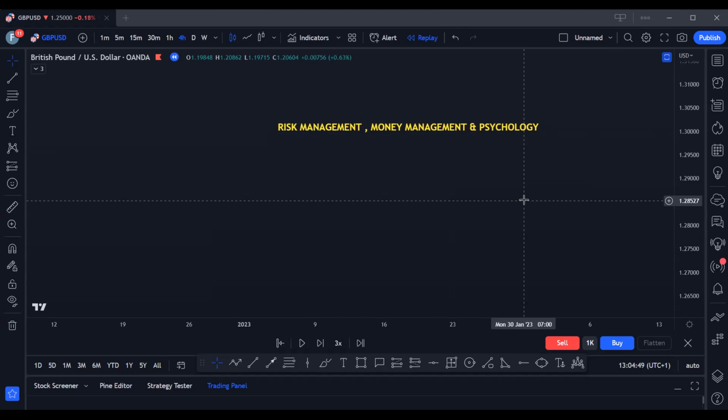Or let's even say you buy a property in Nigeria, let's say in Lekki, Lagos, and then maybe something really bad is now happening in Lekki, and it's forcing people not to stay in Lekki anymore.